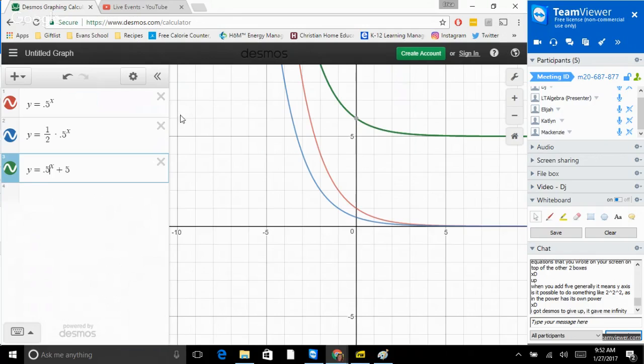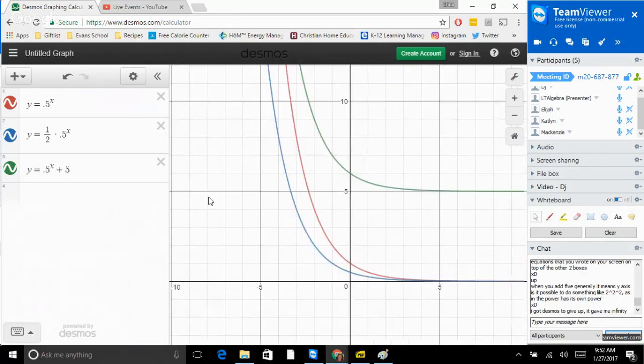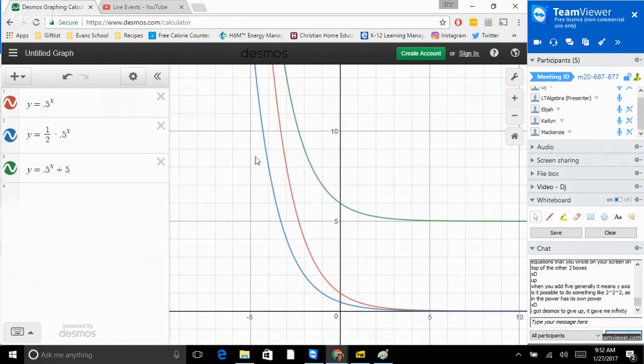These are obviously different than a growth function because you're starting with a really large number and it's decaying. Anything less than 1 is a decay function, Elijah. Yep. But it has to be greater than 0, though.